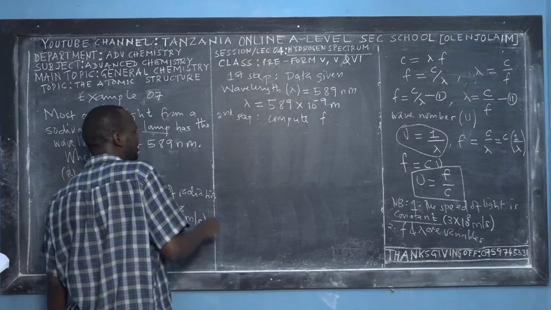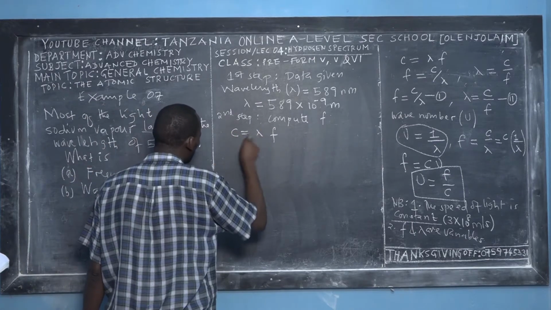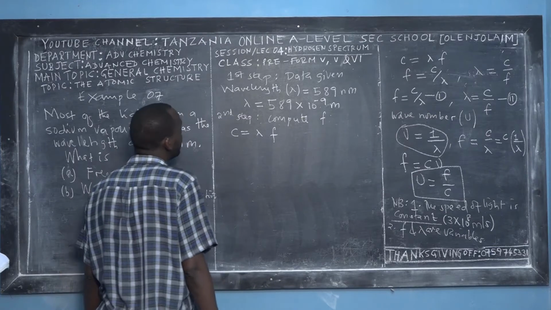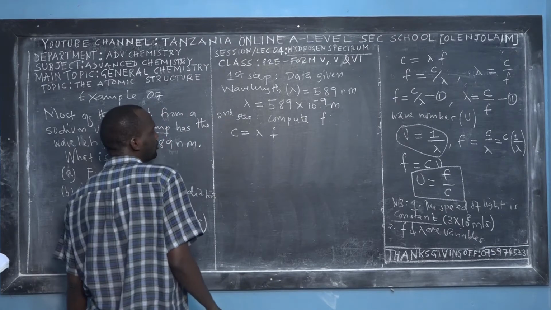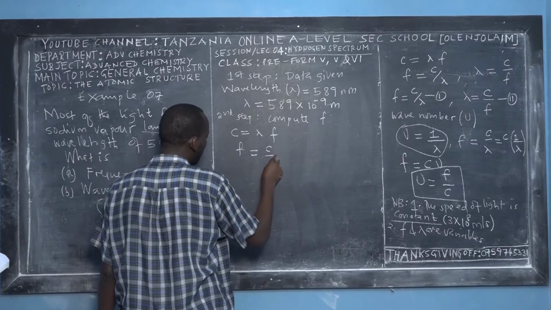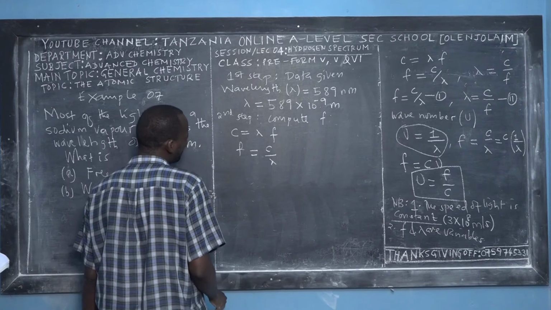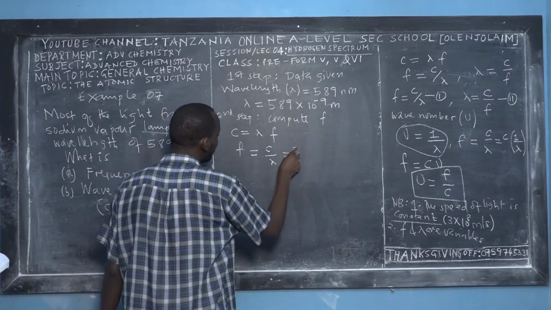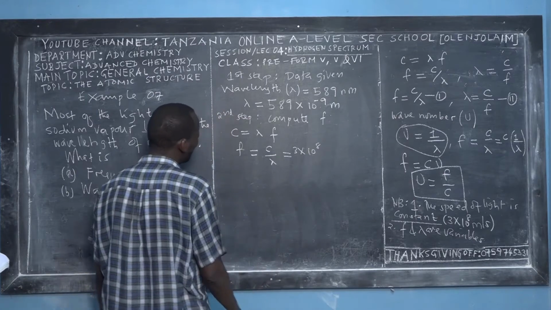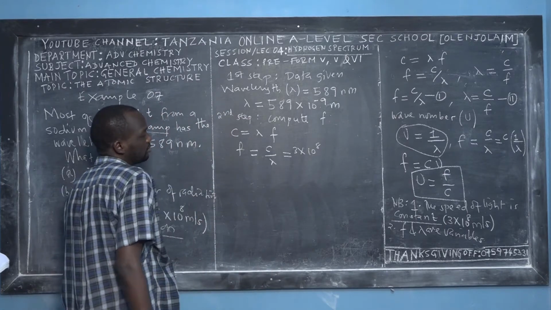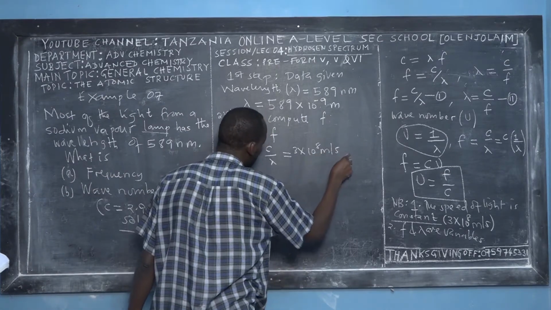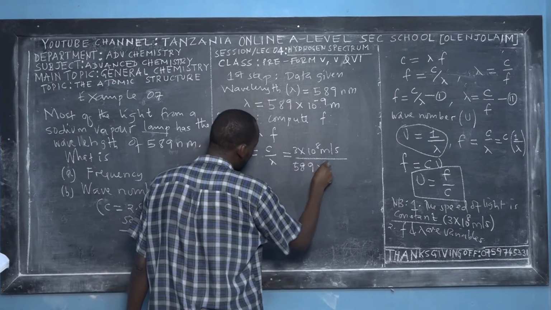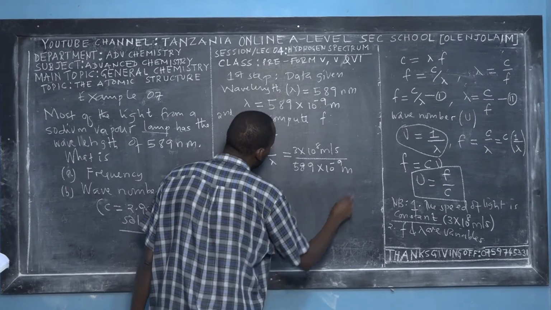You say that C, the speed of light, is equal to wavelength times frequency. We are given the wavelength, and we have to compute the frequency, so the frequency is C over wavelength. So the frequency is equal to 3 times 10 to the 8 meters per second over the wavelength, 589 times 10 to the -9 meters.